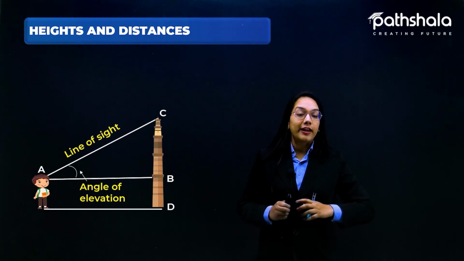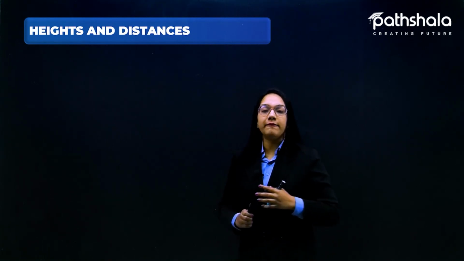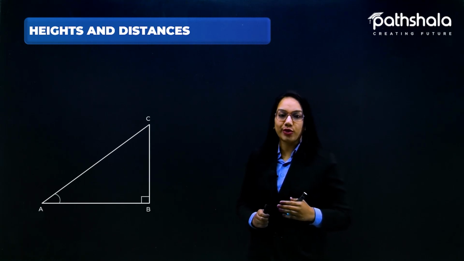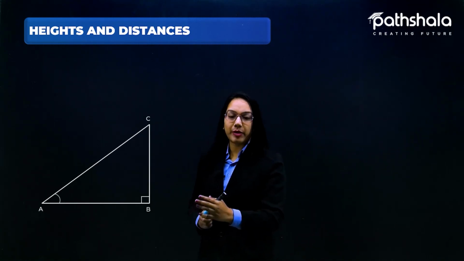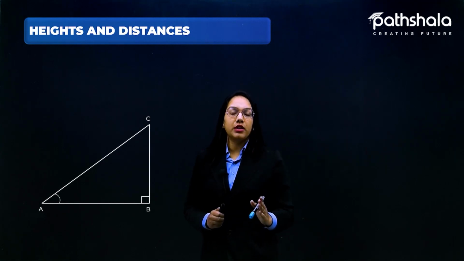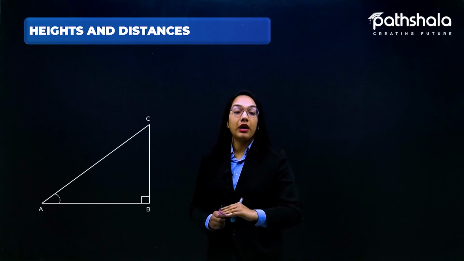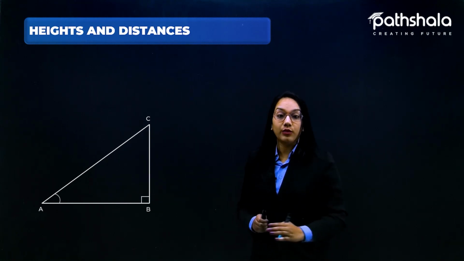Let us suppose I remove the minar and the student from here. Then we get the figure like this, in which we have the right angle triangle ACB, because obviously the height of the Qutub Minar is at a 90-degree angle with the ground.